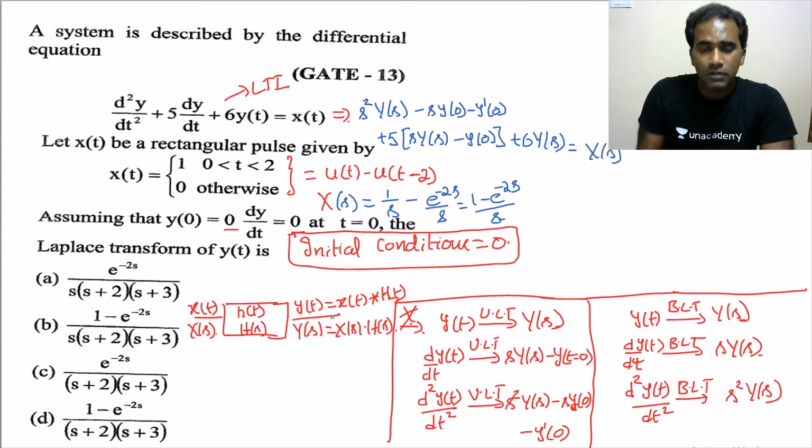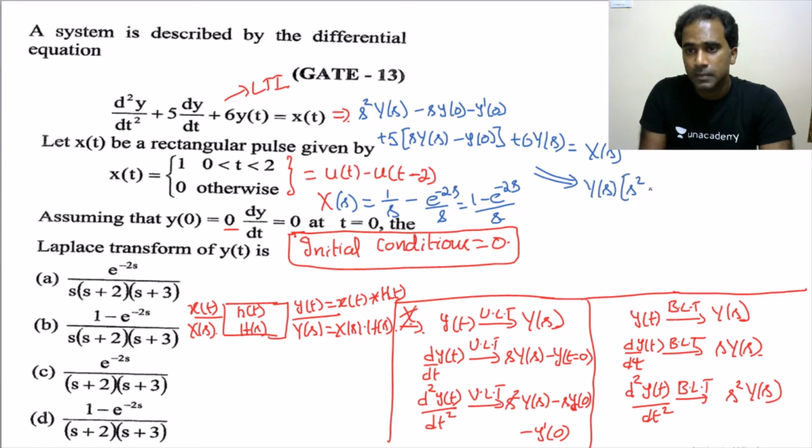Now if you substitute the initial conditions, y of 0 is 0, y dash of 0 is also 0, then it turns out to be much simpler. This equation becomes Y of s, taking it common, times s square plus 5s plus 6, is equal to capital X of s.